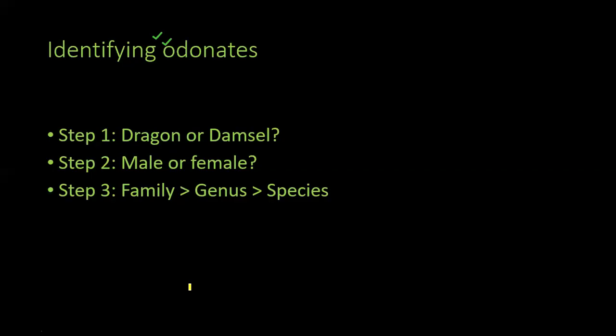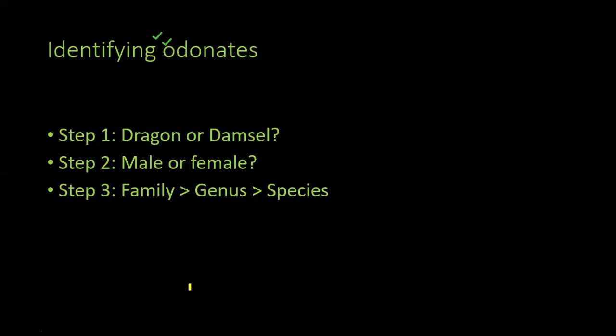You have certain structural characters among females, but it's more prominent among male individuals. So the keys that we usually use are usually developed for male individuals. So it's always good to identify the sex of the individual that we are looking at as well.